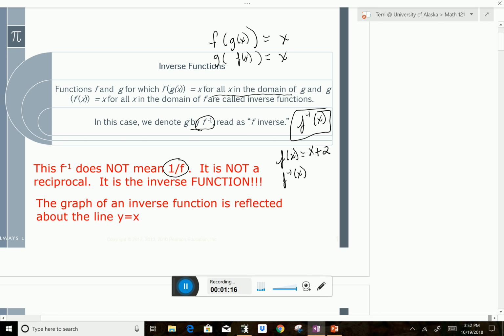F inverse of x basically takes whatever I give it and subtracts 2. So this one adds 2, and this one undoes it. So basically, an inverse function, in a sense, undoes the function.